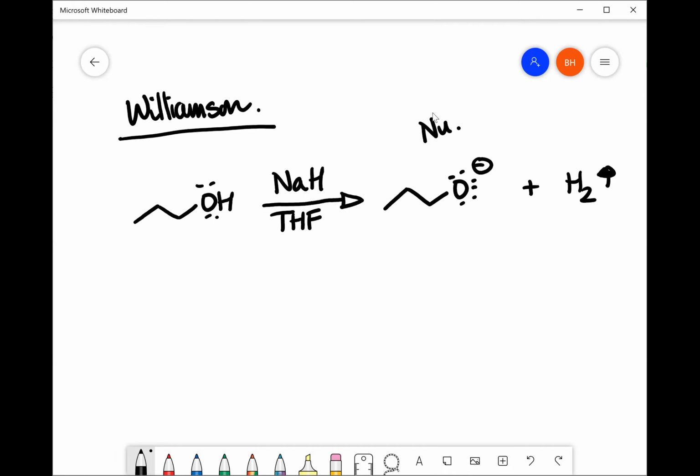And so the question was, can you only use it on primary or can you use it on secondary as well? So it's most often and reliably used on primary alkyl halides.